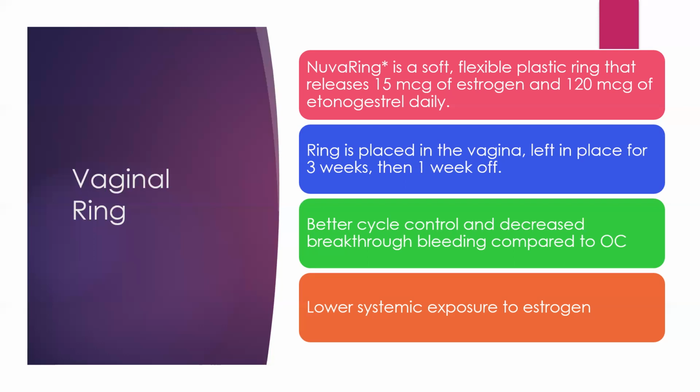Increased risk for VTE with use, caution use with patients who have other risk factors for VTE: smoking, obesity, family history. Monitor blood pressure in women with well-controlled hypertension. Monitor pre-diabetic or diabetic women. Monitor lipid profiles and monitor for signs of vision changes or signs and symptoms of depression.